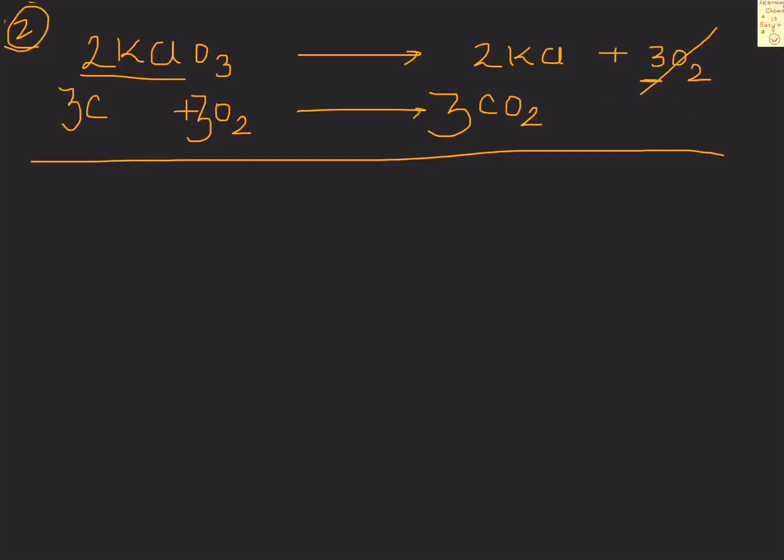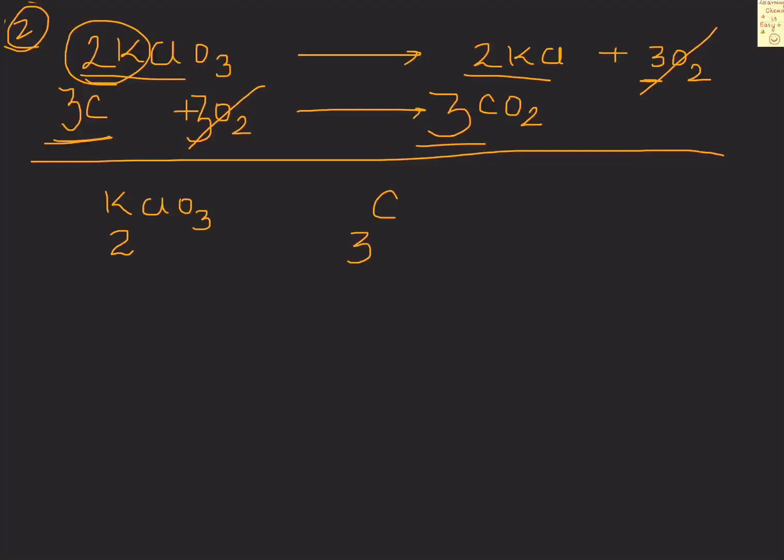Now, oxygen produced here is consumed here. Our final products are KCl and 3O2. So, for 2 parts of KClO3, the amount of carbon that can be burnt is 3 parts. So, let's correlate KClO3 and carbon. 2 KClO3 is giving me 3 moles of carbon.